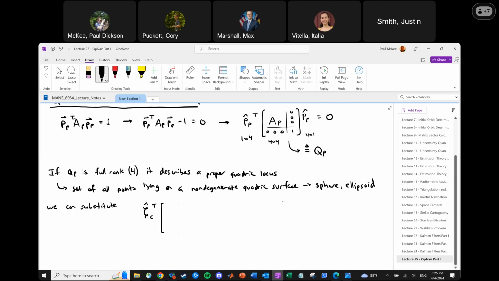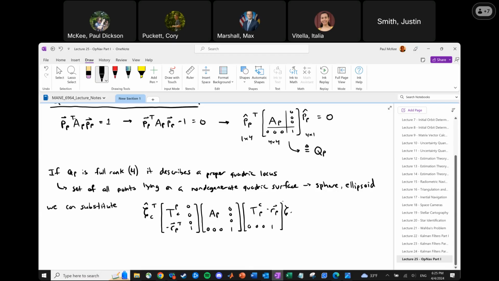So this is now T from P to C. This is negative R_P transpose, 0, 0, 0, 1. So we flip that matrix on its side. And then we pop in the Q_C matrix, which is A_P, and then zeros and a 1. And then we substitute again, and this is going to be T from C to P. R_P should be a minus, 0, 0, 0, 1.